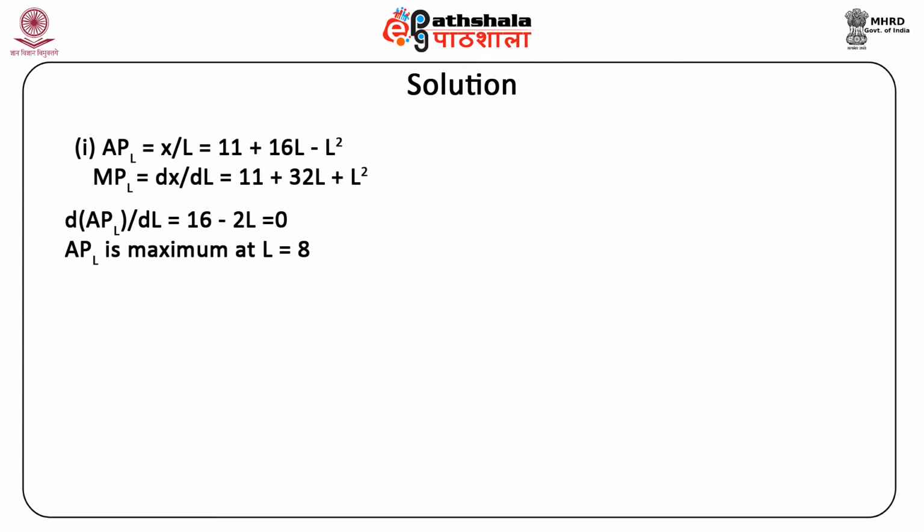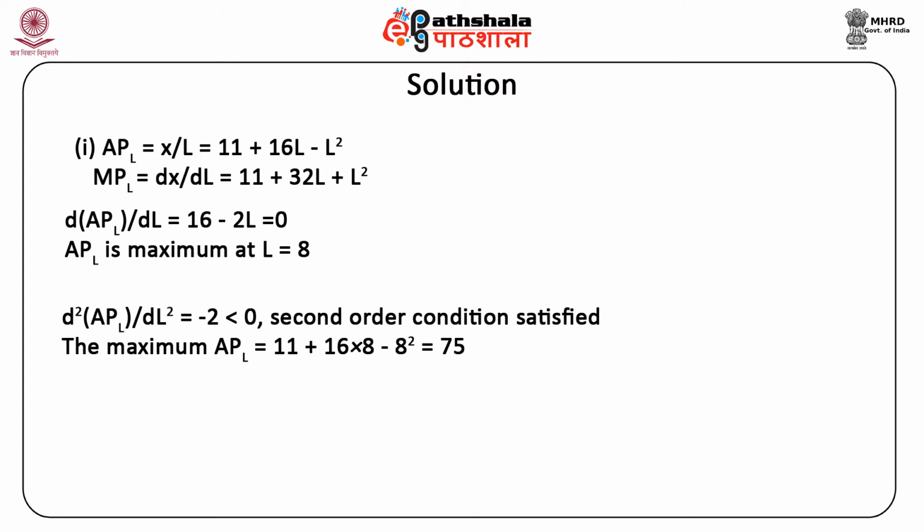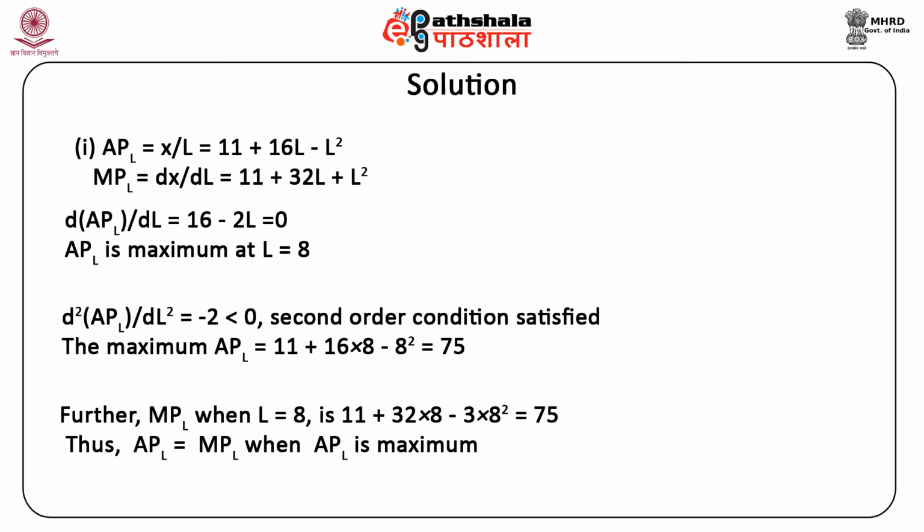Since the double derivative is negative, equal to minus 2, the second order condition is satisfied. The maximum APL is 75, and further MPL is equal to 75. Hence APL and MPL are equal when APL is maximum.